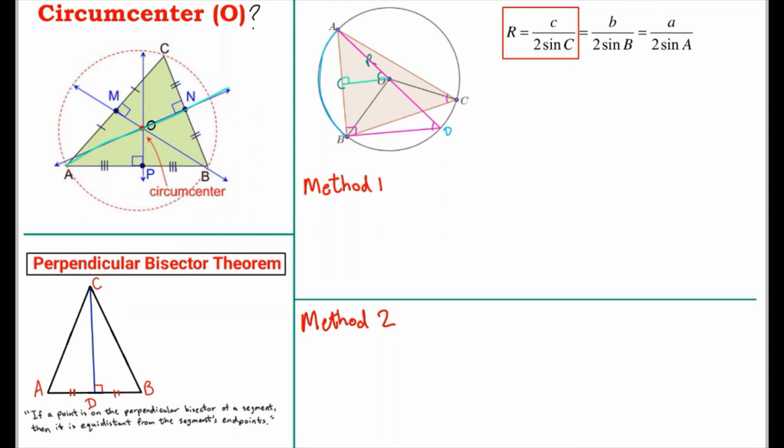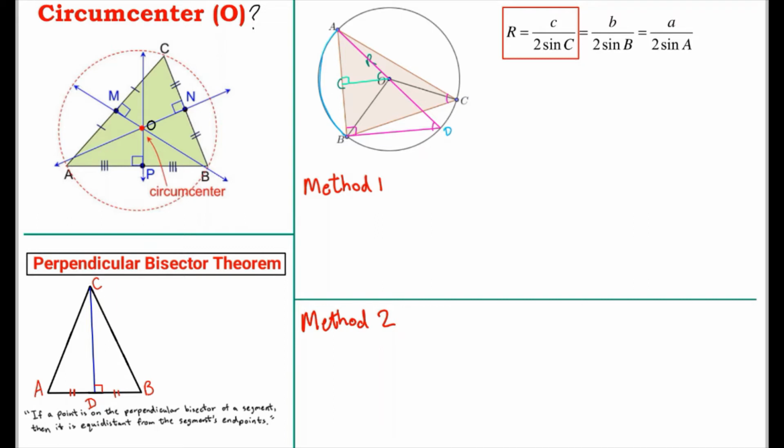A theorem that you can find that's interesting about perpendicular bisectors is this formula over here, the perpendicular bisector theorem. This theorem states that if a point is on the perpendicular bisector of a segment, then it is equidistant from the segment's endpoints.